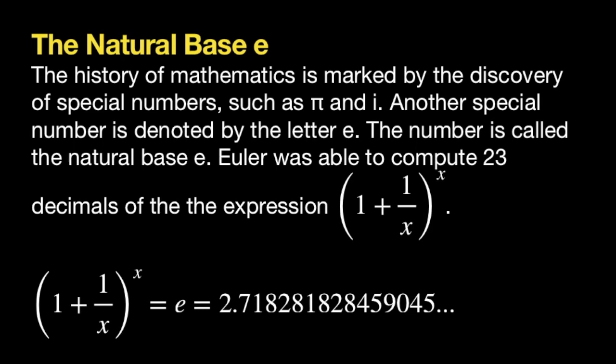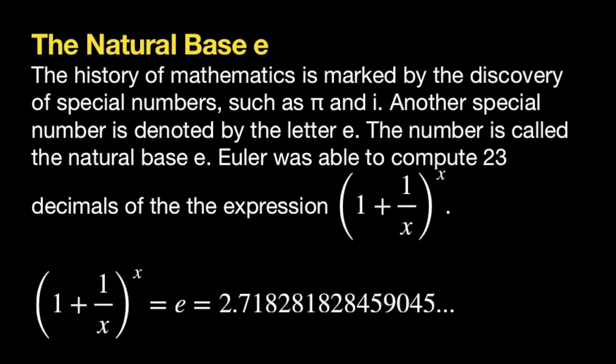In math, people have discovered different numbers, and they have been special numbers such as pi and i. We know that pi is an irrational number and i is an imaginary number. Another number that was very important that was discovered was e.